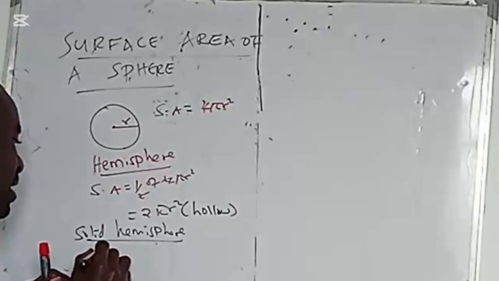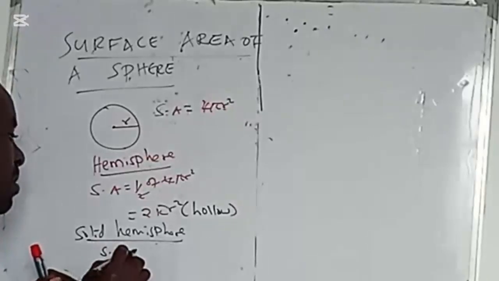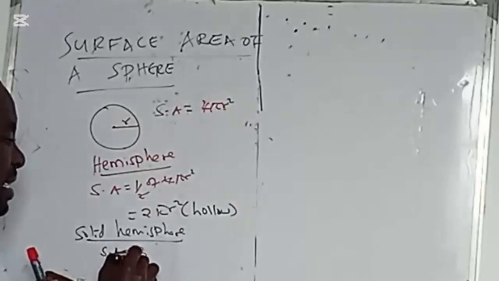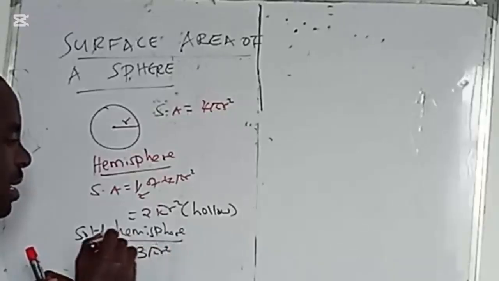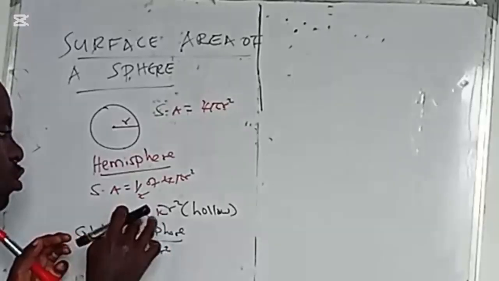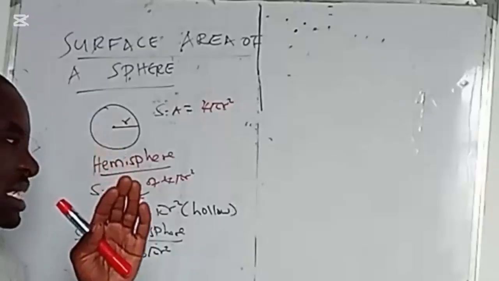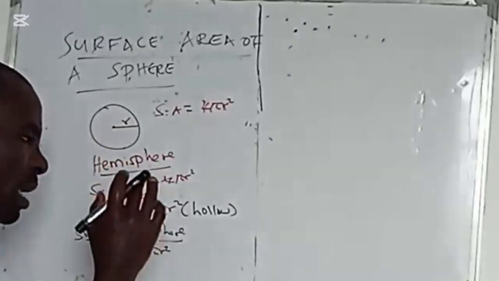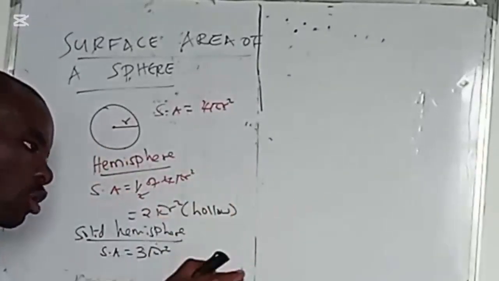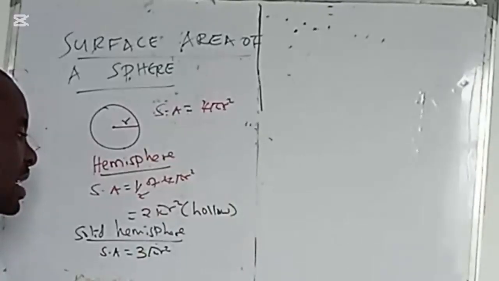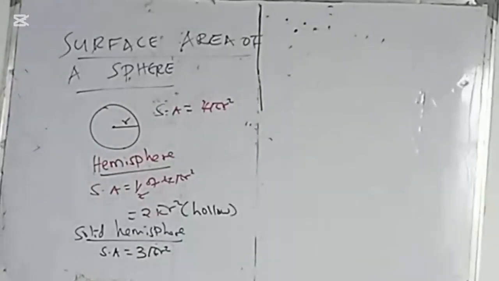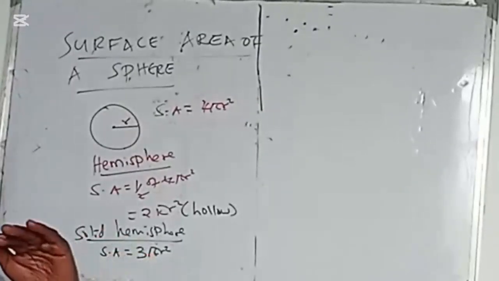Therefore, the surface area of a solid hemisphere is given as 3 pi r squared. So 2 pi r squared for the curved surface plus pi r squared for the top. You add them, you get 3 pi r squared. For this one, we only need the radius. After getting the radius, you use a calculator.